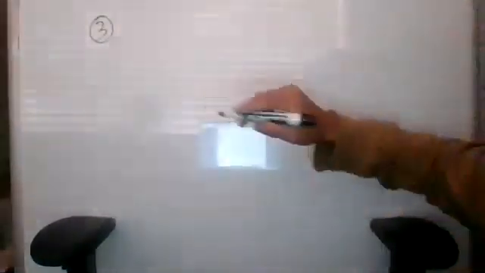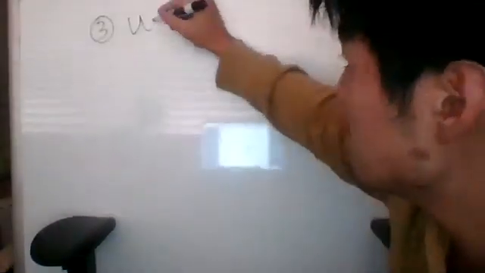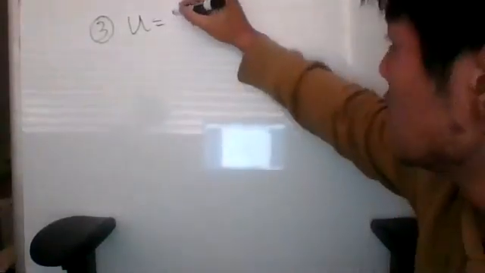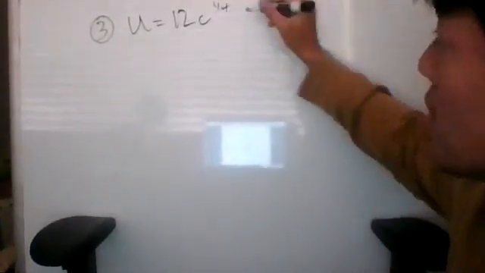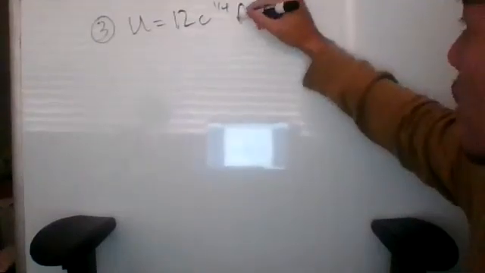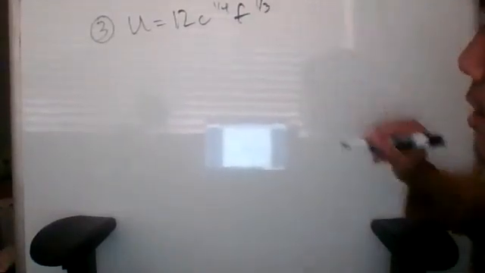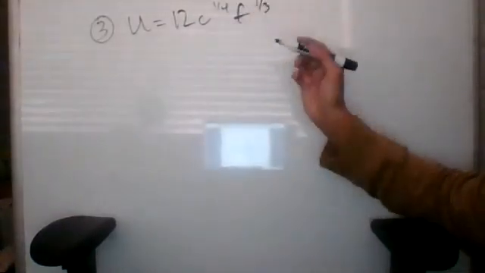So question 3 from extra problem set 6, we're given that the utility function is 12 C to the 1/4 times F to the 1/3, right? This is a Cobb-Douglas equation.